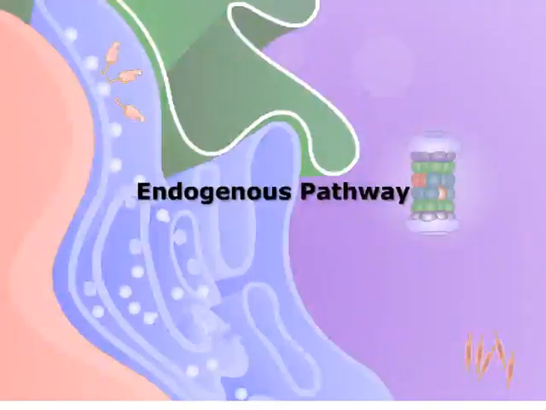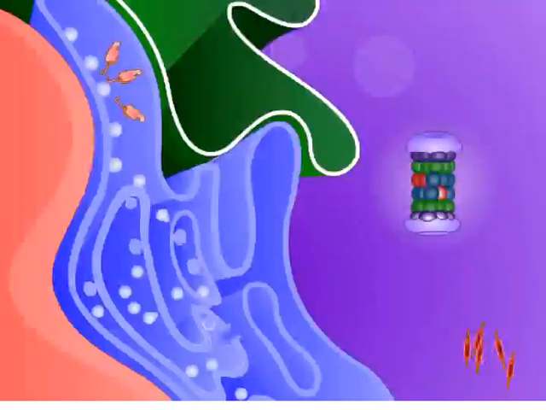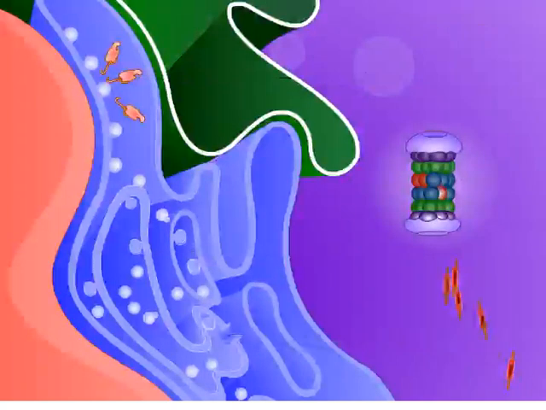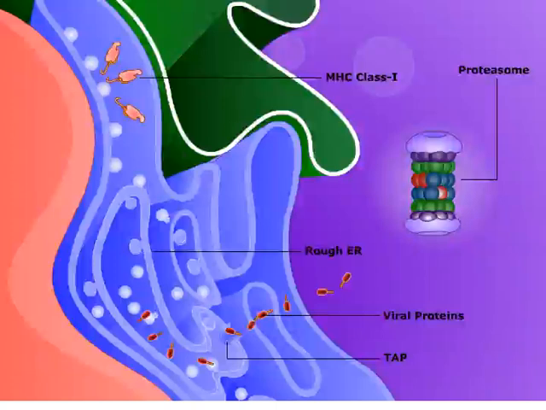Now that we have seen the illustration of the exogenous pathway, let's proceed to the endogenous pathway of antigen processing and presentation. Proteins synthesized by endogenous antigens such as viruses in the cell cytosol are routinely degraded in proteasomes. The endogenous peptides from these proteins enter the endoplasmic reticulum through a peptide transporter known as the TAP complex.